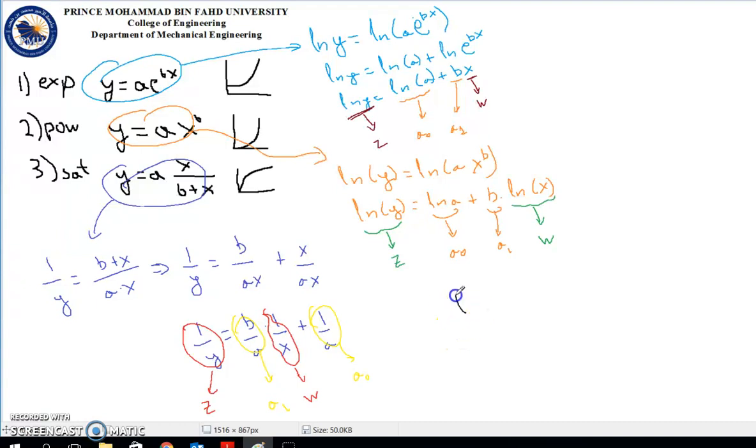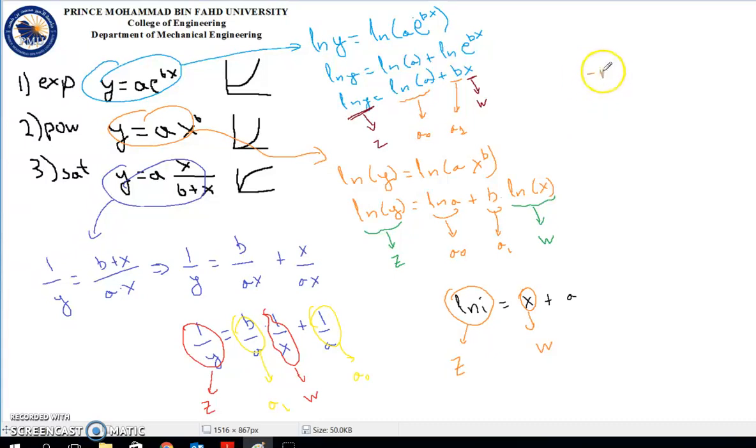So let's assume that we have ln I equals x plus a. That's very easy to linearize. This is going to be our new w, and these are going to be our new z. Obviously in this case a1 is 1.